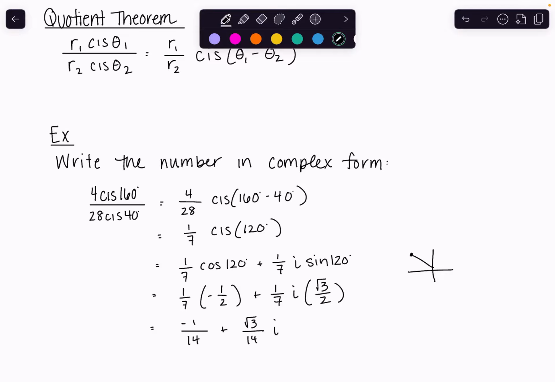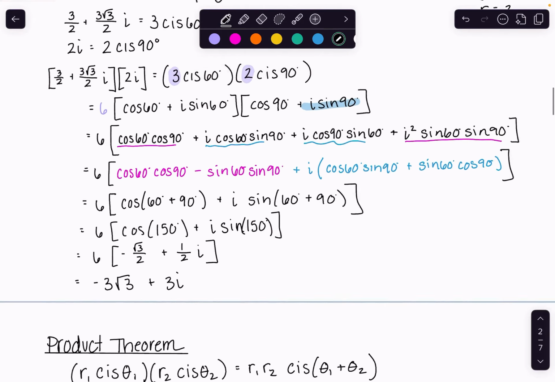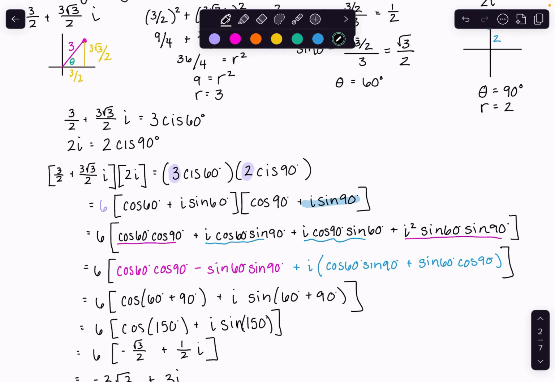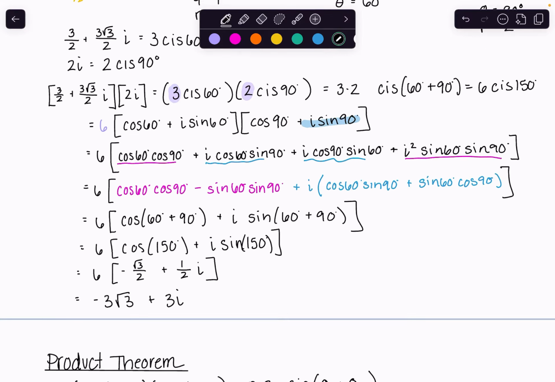Okay. So going back up here, instead of going again through all of this, it would have been much easier. We just multiply the two pieces. Then that leaves us with cis of 60 degrees plus 90 degrees, and so we get 6 cis of 150 degrees. And then we just figure out what cosine of 150 and sine of 150 is.